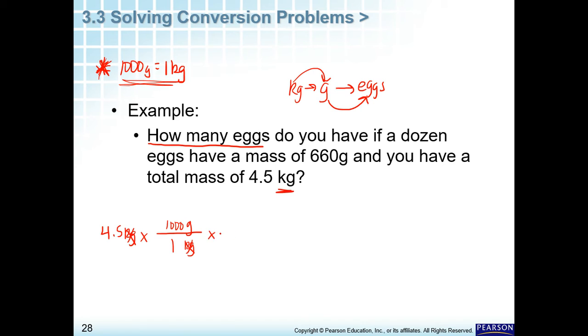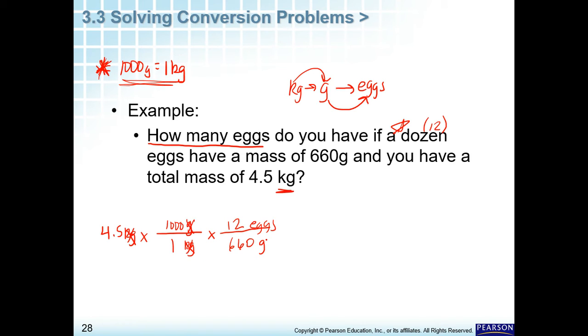So here, if I want to get rid of grams, I need to put it opposite. So here I have it opposite, and I can go to eggs. Remember, this relationship came from the problem. We said a dozen eggs, which is 12. So 12 eggs has a mass of 660 grams.